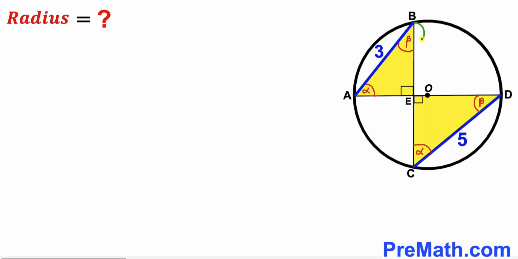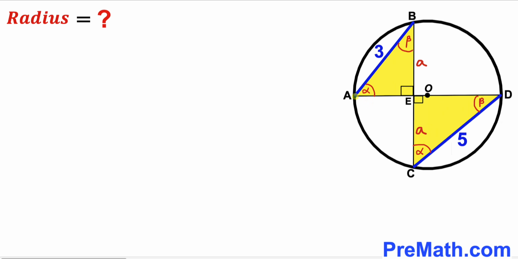Now let's make an observation. We can see that this segment BE is equal to this segment CE by the property of symmetry. If I label this segment BE as lowercase a, then this segment EC is going to be lowercase a as well.